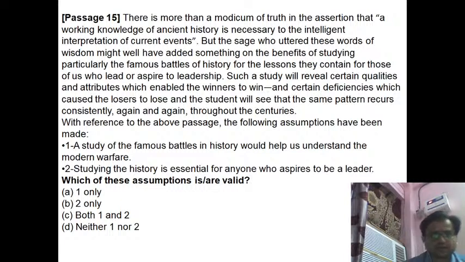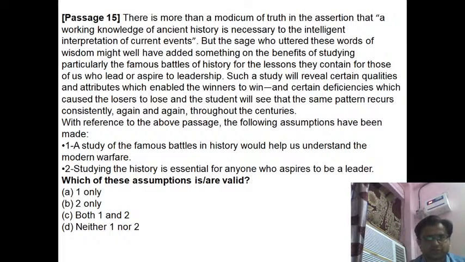There is more than a modicum of truth in the assertion that a working knowledge of ancient history is necessary to the intelligent interpretation of current events. But the sage who uttered these words of wisdom might well have added something on the benefits of studying, particularly the famous battles of history, for the lessons they contain for those of us who lead or aspire to leadership.